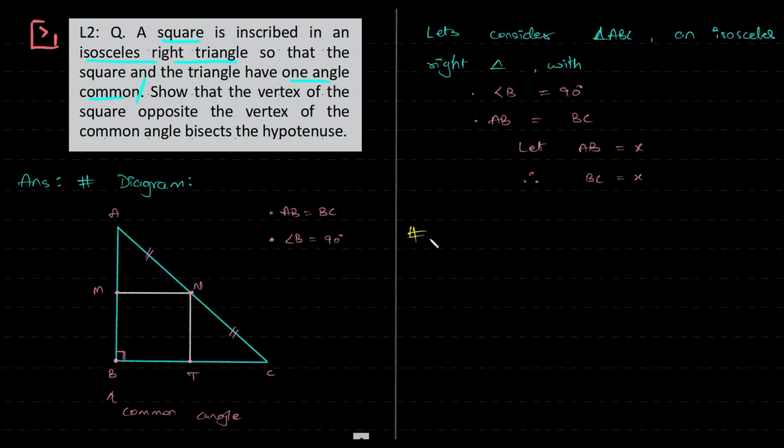Then also, as a continuation, let MNTB be the square of side length being equal to a unit.